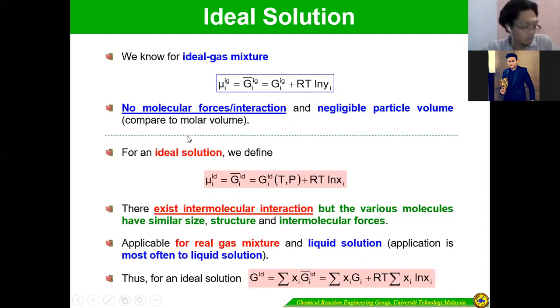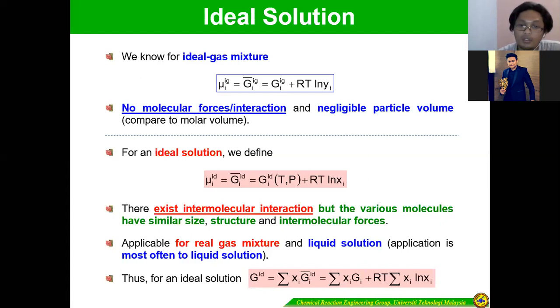However, for the ideal solution, there exists intermolecular interaction, but the various molecules have similar size, structure, and intermolecular force. For example, hydrocarbons, N-hexane and I-hexane, or N-propane and I-propane, the isomers, right? We can also assume propane and butane.